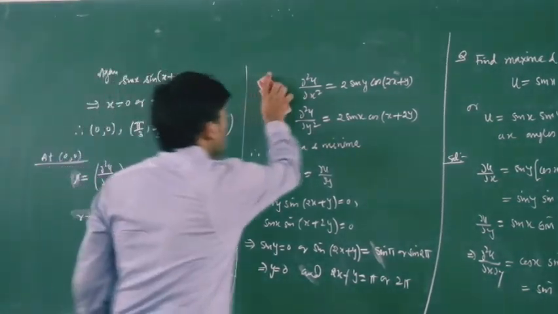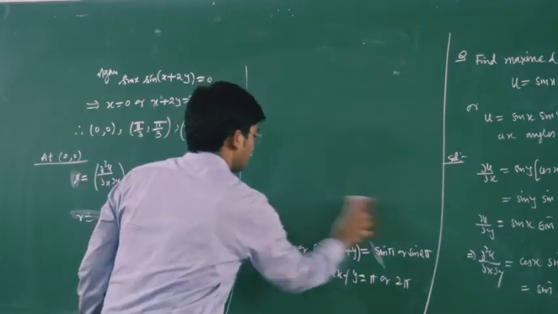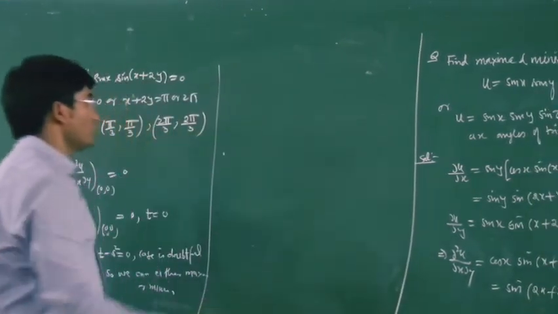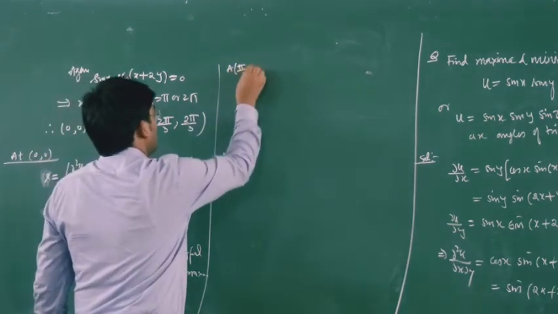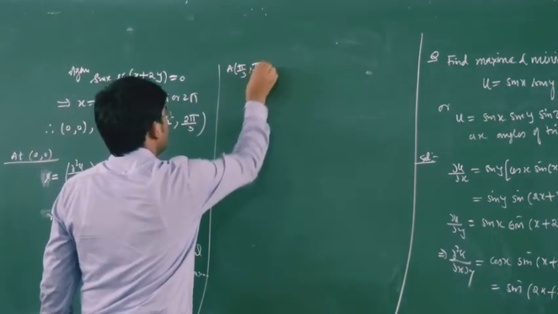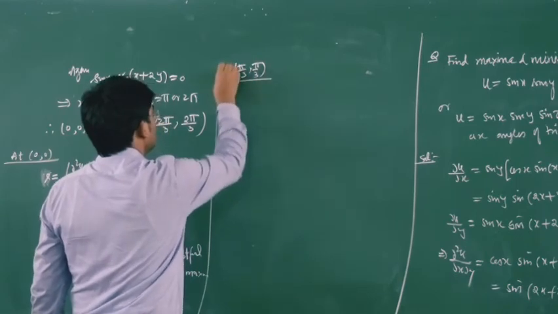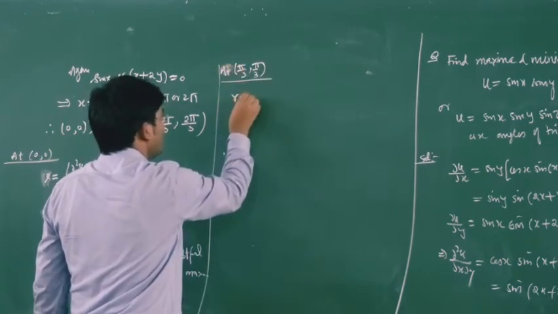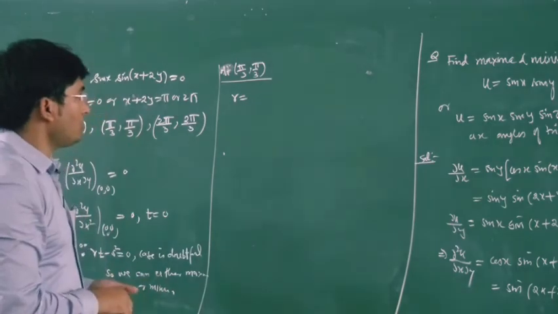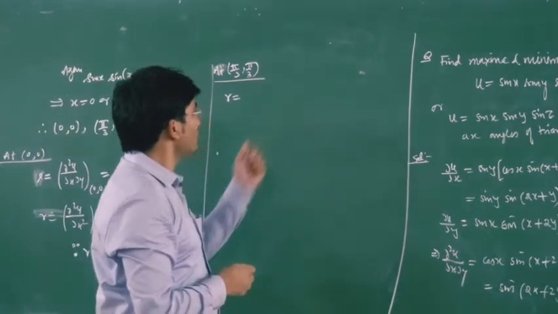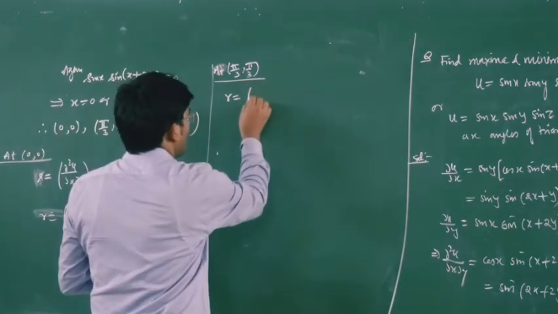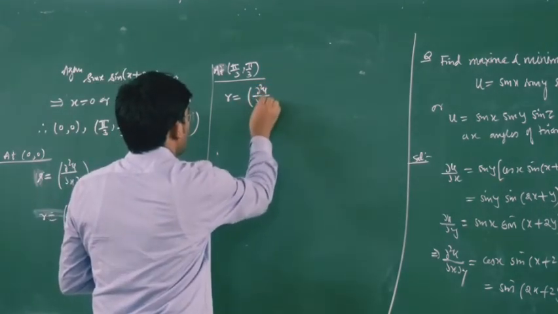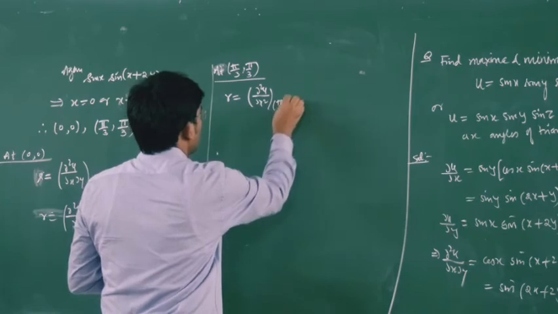Now at pi by 3, pi by 3, our r was 2 times sin y into cos 2x plus y. So your r means del t upon del x2 at pi by 3, pi by 3.